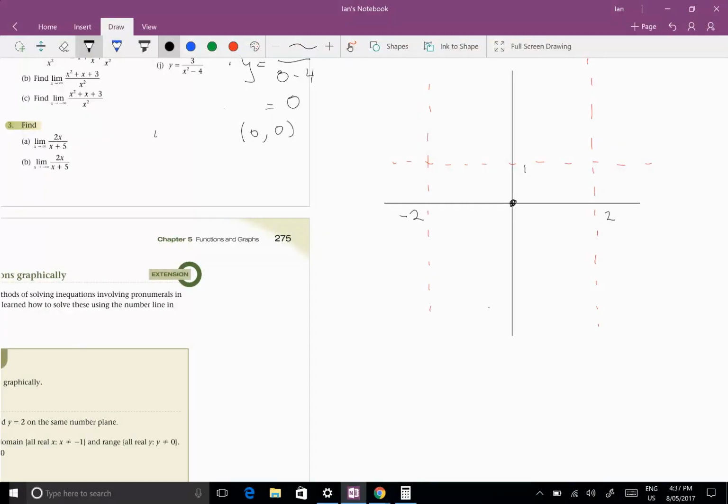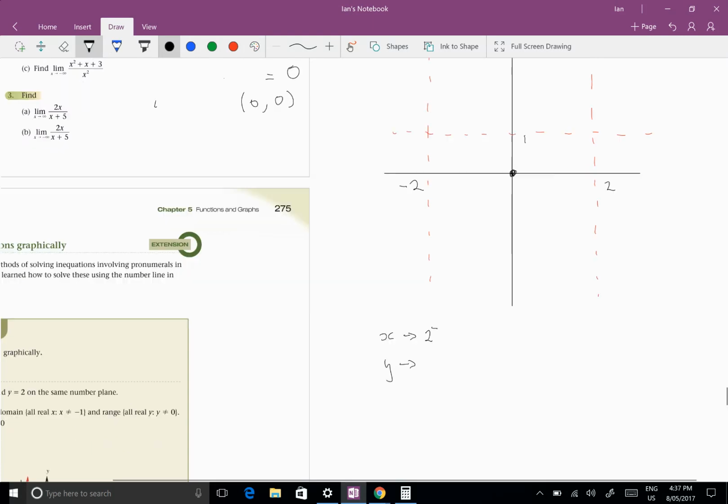What happens as x approaches 2 from the negative side? Well, what will y approach? Let's put a number close to, but a little bit less than 2 into the function. So let's find out what happens when we have x equals 1.99. Well, I'll get y equals 1.99 squared over 1.99 squared minus 4.